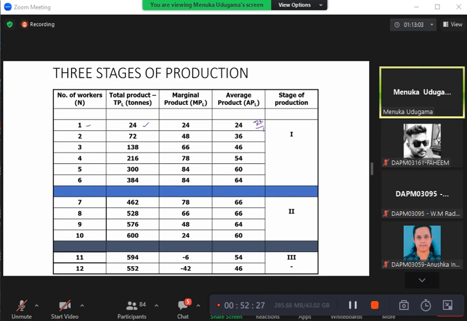So here, for the second one, it would be 72 over 2, and that's 36. Right, so now this gives us the average product, meaning the product or the output per unit of. So in this case, it's the yield per unit of worker, per 1 worker, isn't it? The output per 1 worker.